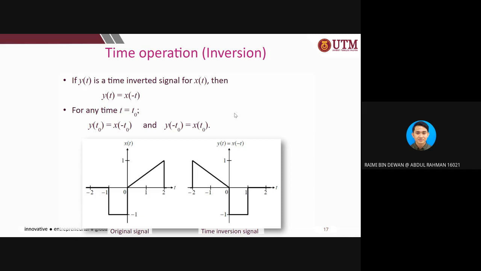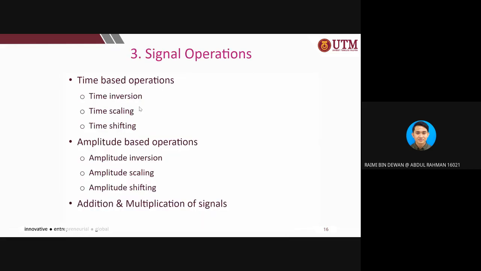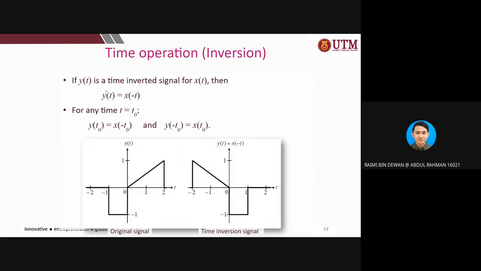Now we go to the time operations, and the first operation is inversion. If y(t) is a time inverted signal of x(t), what does this mean? It means your original signal is x(t). Why do we put t inside the bracket? It means this signal is dependent on t, which is time.